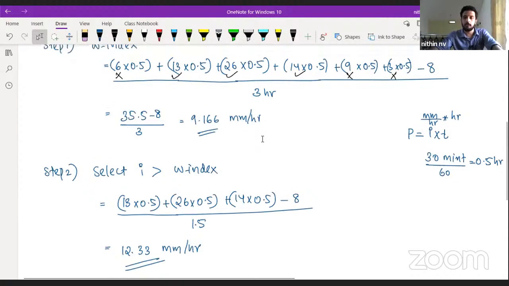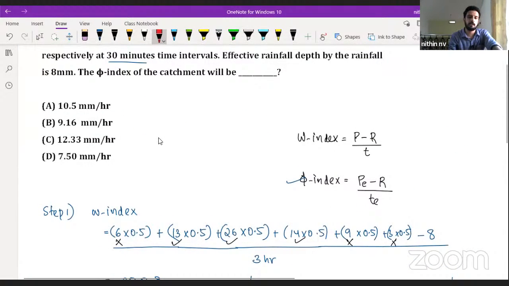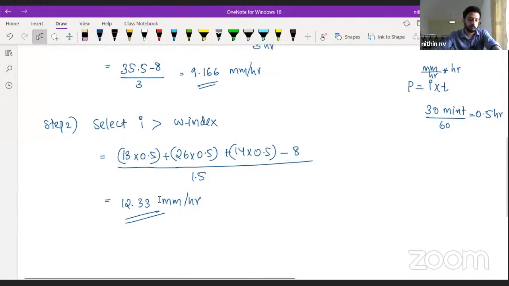So according to the options, which is our right answer? Option C. Is it 12.3 or 12.6? 12.33, right? So this is going to be 26.5 minus 8 divided by 1.5. I hope I didn't make any mistake. Okay, getting option C as the right answer.